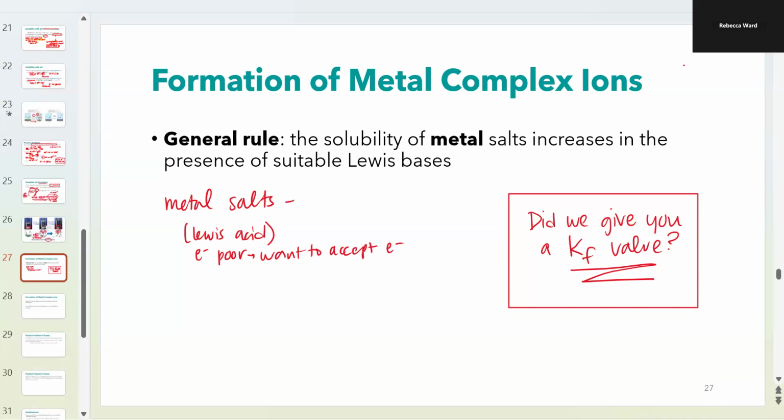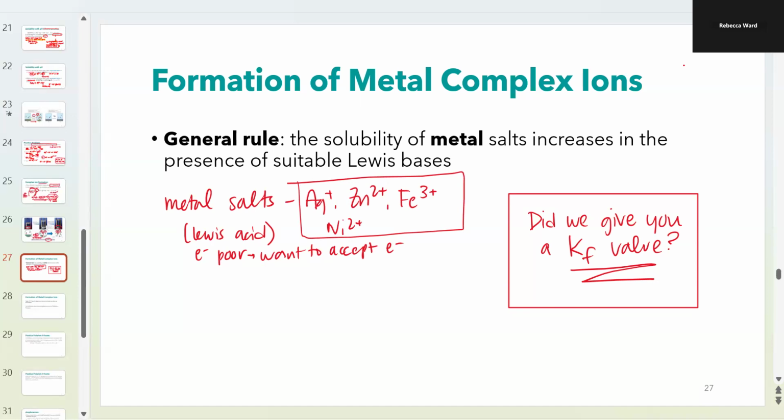And these would be like our Ag plus, our zinc 2 plus, our Fe3 plus, nickel 2 plus, any of these charged metals.